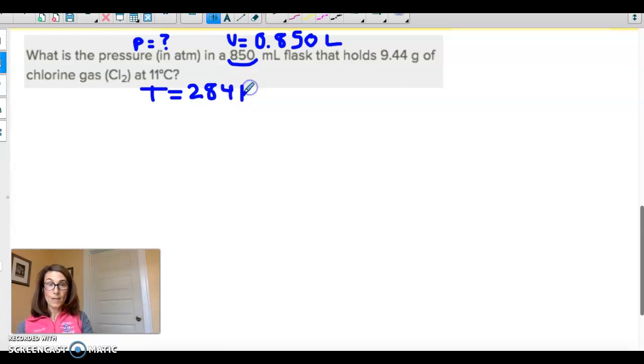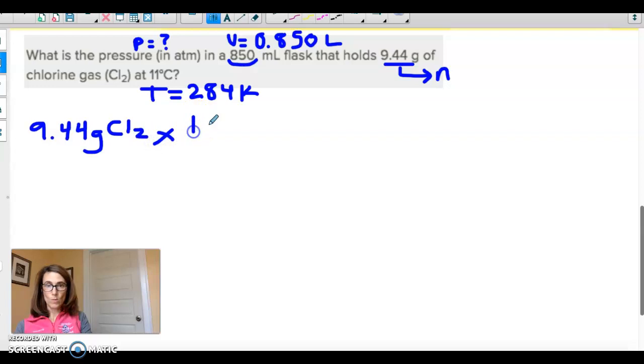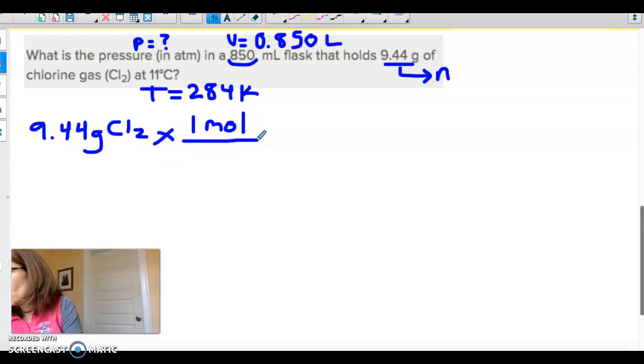And then again, we're given grams. So we want to convert that to moles. So 9.44 grams of Cl2. Okay, multiply that by our 1 mole over the molar mass of Cl2, which is 35.5 times 2.